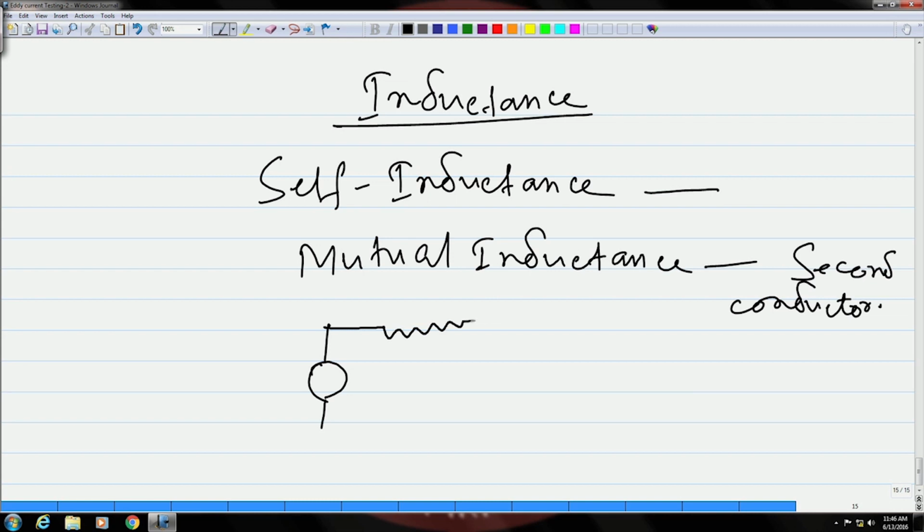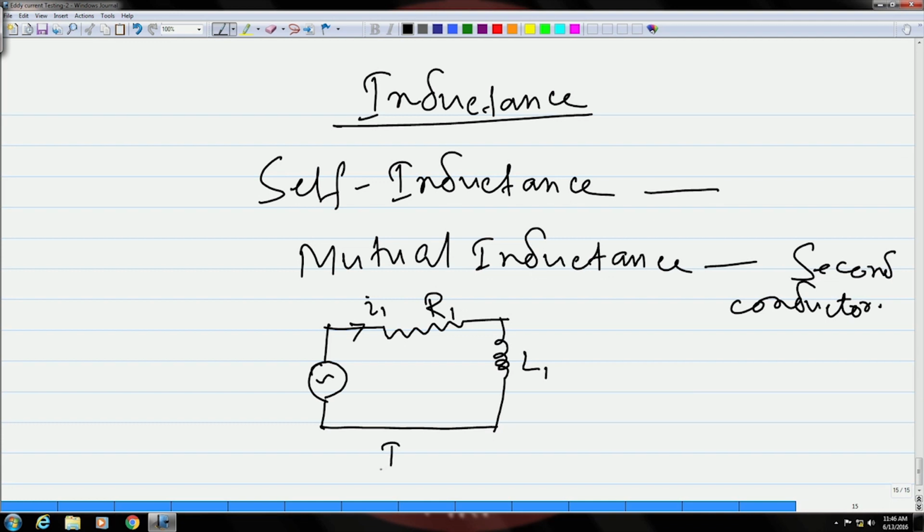So, let us say you have a circuit like this, where you have this resistor R1 and the inductor L1.